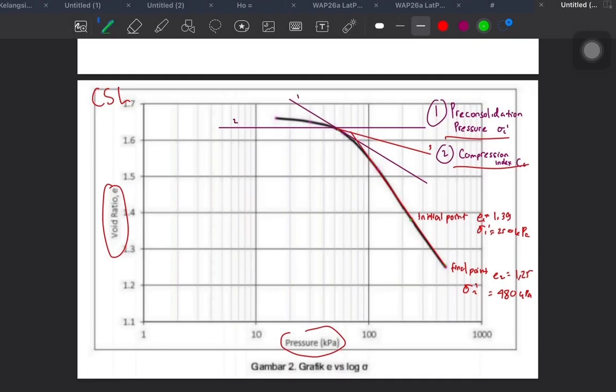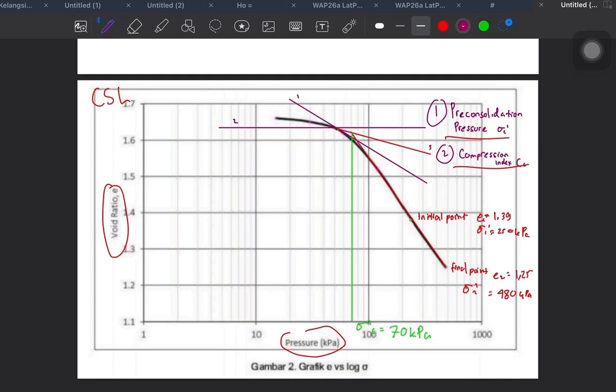How to know the pre-consolidation pressure? You have to draw a straight vertical line to the x-axis, and that point is the value of the pre-consolidation pressure. In this case it is equal to 70 kilopascal.